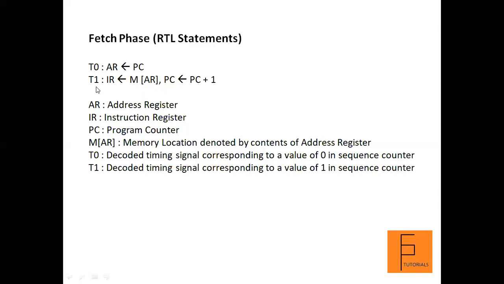And in the second clock cycle, we take the content of the memory pointed to by the address register and store it in the instruction register. That means the instruction present at the memory location denoted by the value of the address register is stored in my instruction register. And in the same timing signal T1, we increment the program counter by 1.